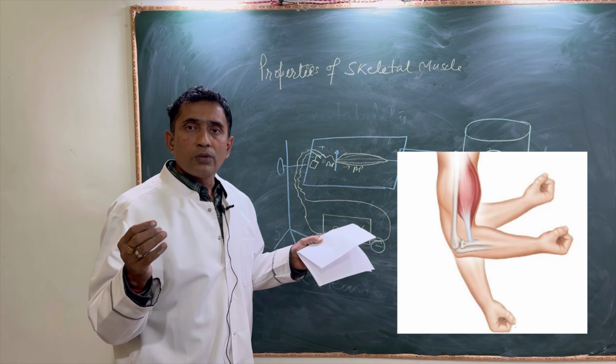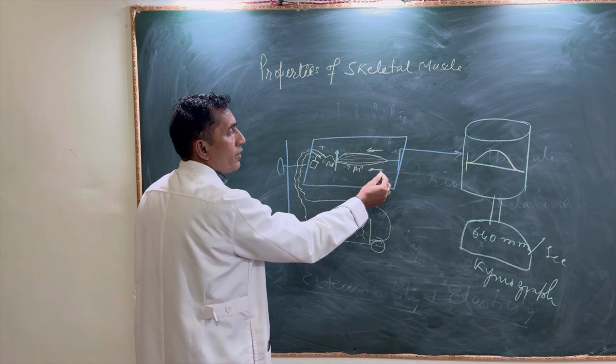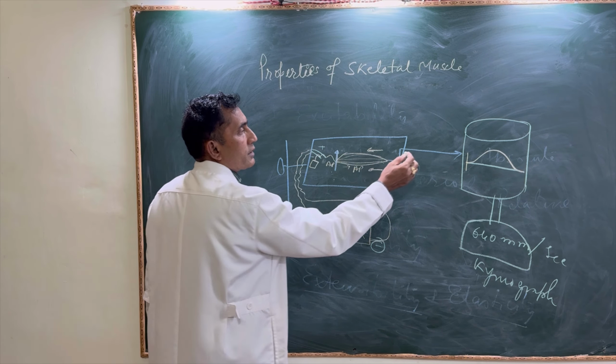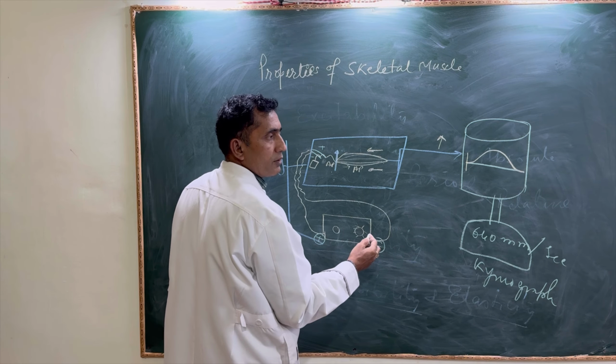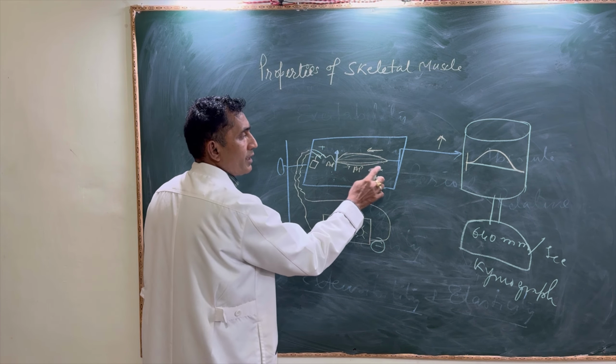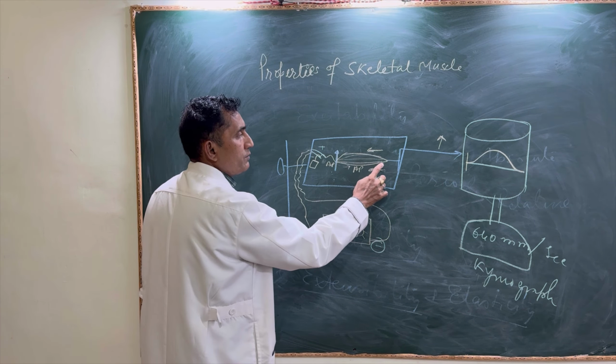The length will be reduced. One side is fixed with the help of the alpin. Another side will move towards this. Once it moves, the stylus will go up. And then at the time of relaxation, again the length will come back to its normal position.